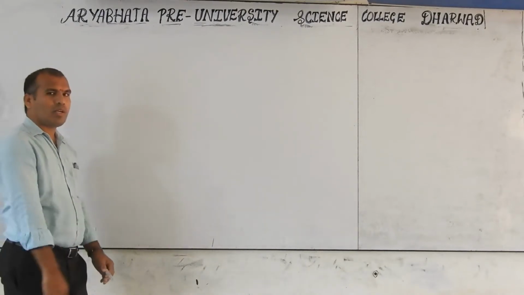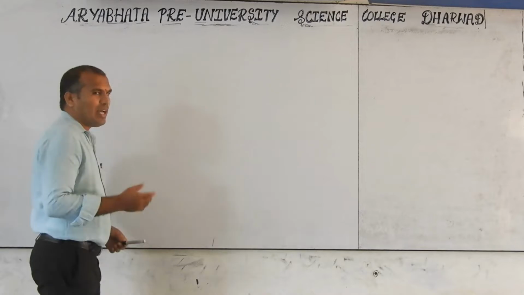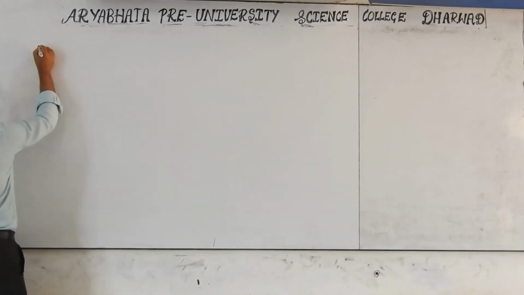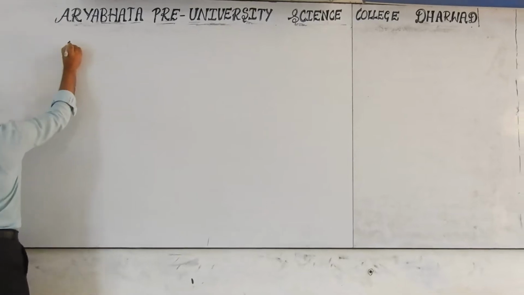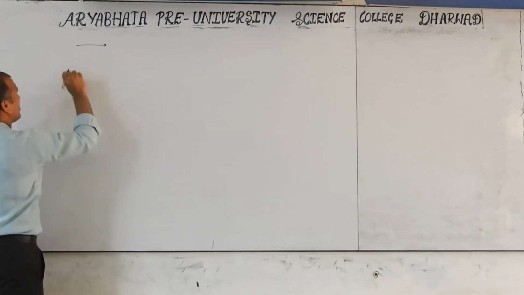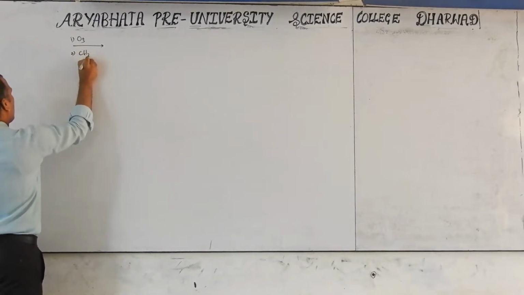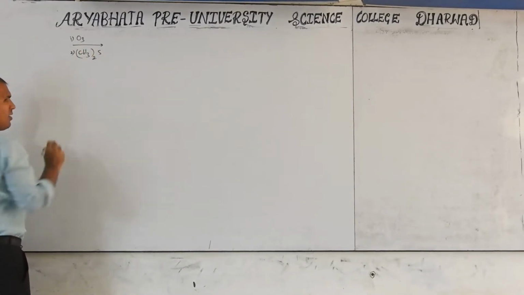Now the continuation part of ozonolysis. I have given a few questions. Now the continuation question part is: the product is given by O3 and the second step is dimethyl sulfide.